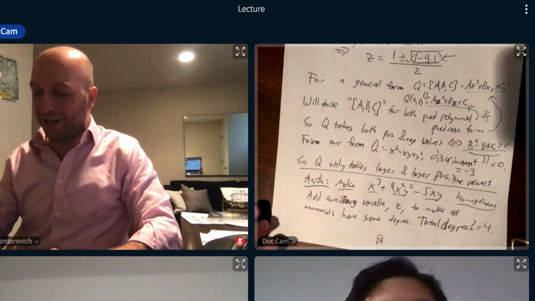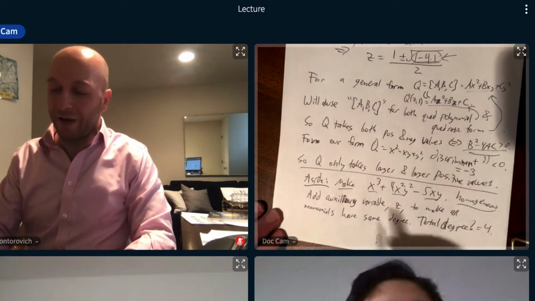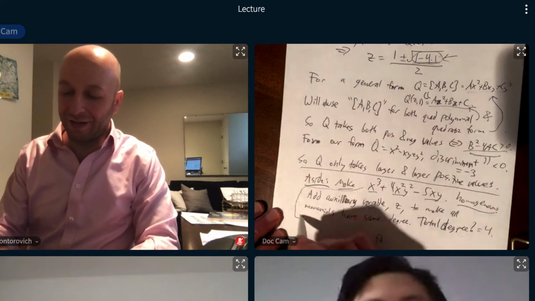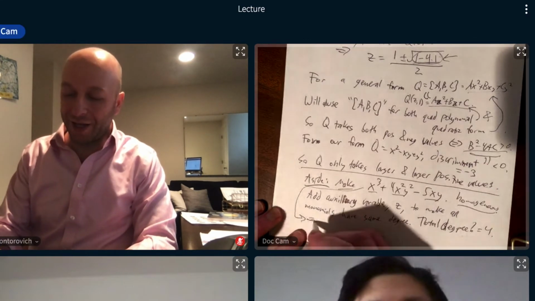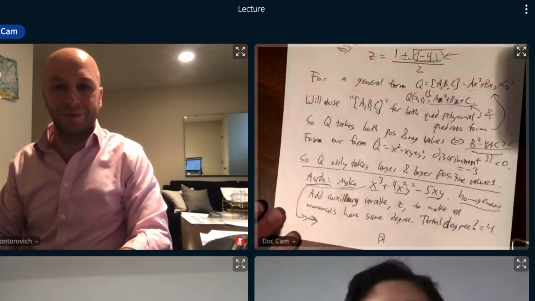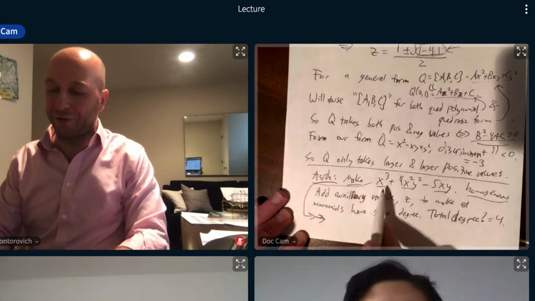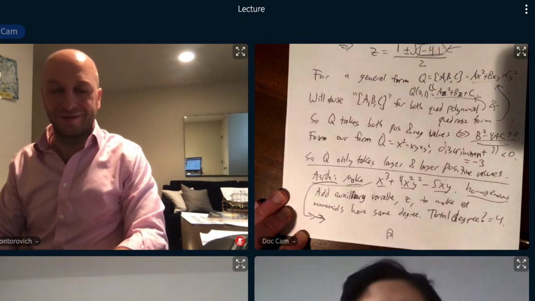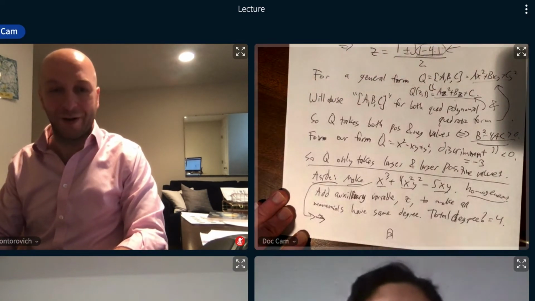All right, whatever. The total degree is 4. So how do I make this, not equals, but gets converted into, how do I make this have degree 4? I have this extra variable, z.